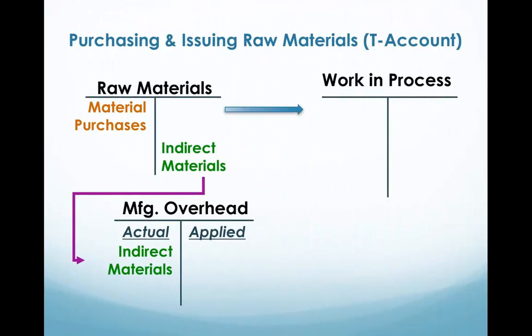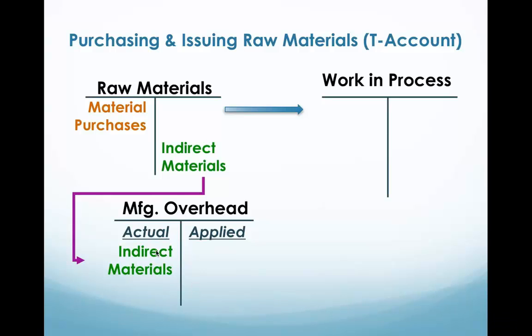All right, so you can see that as things are incurred, then they move. So a material purchase comes into raw materials, but then as it gets used, any of the indirect portion of the raw materials would go into a manufacturing overhead applied or actual account. Now, one thing I want you to notice here is that under manufacturing overhead, I usually create a T account.